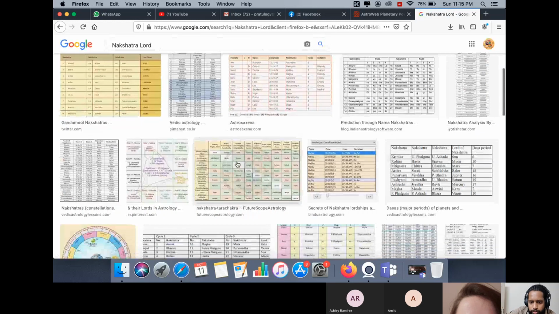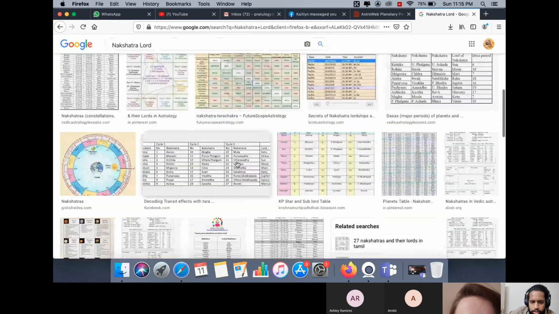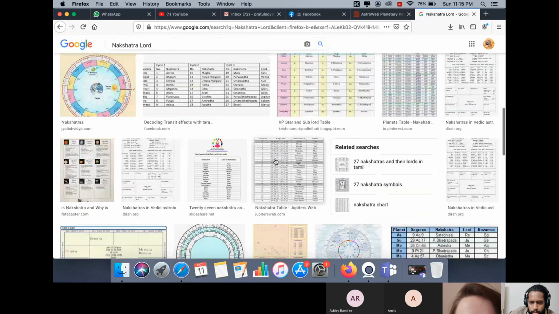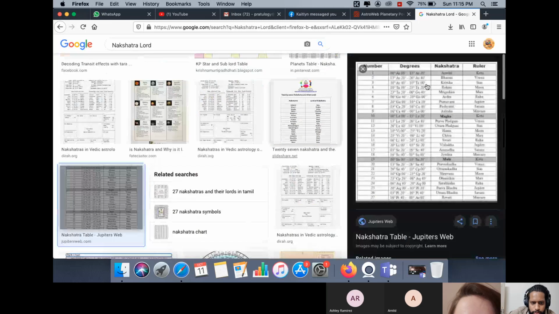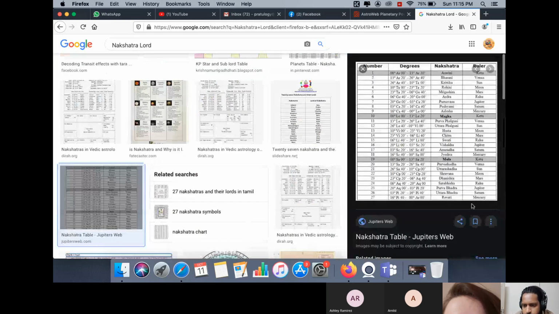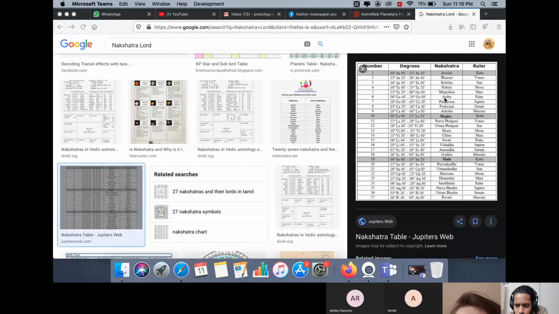So my favorite one is this one. If you can see the ruler of the Adra nakshatra, you have to find the nakshatra which is represented by your ascendant. Adra nakshatra is in the ascendant.